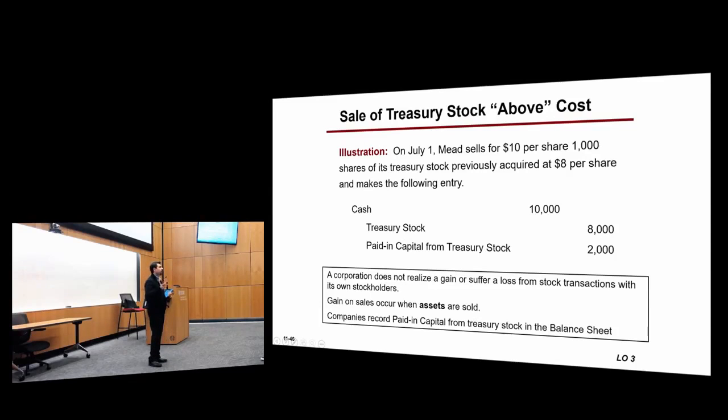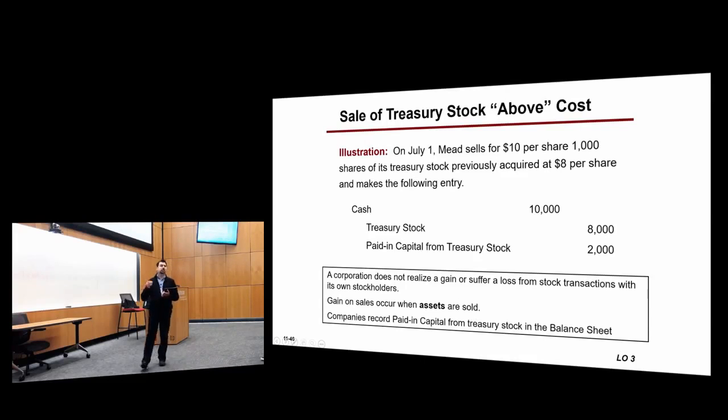Do you understand now how this works? The one way to do it is to memorize these things. I don't recommend that. I recommend that you try to understand how these things happen. The company purchased those treasury stocks, so they recorded at cost by debiting treasury stock, crediting cash, right? Later on when they sell it above the cost, cash is the amount of cash that they will receive.